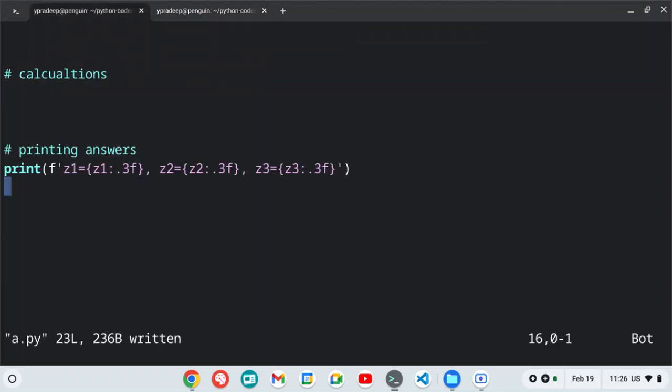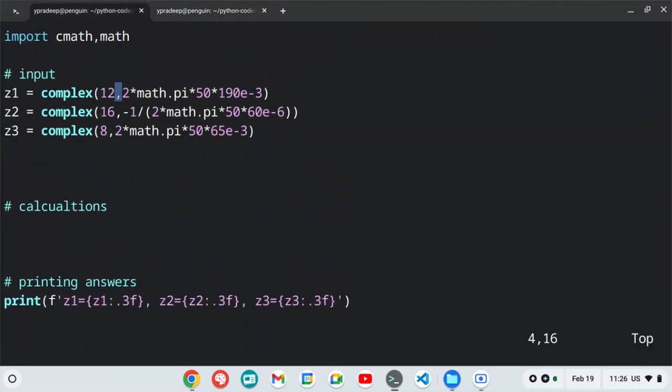There is a formula: ZT equal to 1 divided by 1 by Z1 plus 1 by Z2 plus 1 by Z3. This is the impedance formula, same as the resistance formula. In resistance we use real numbers, in impedance we use complex numbers.